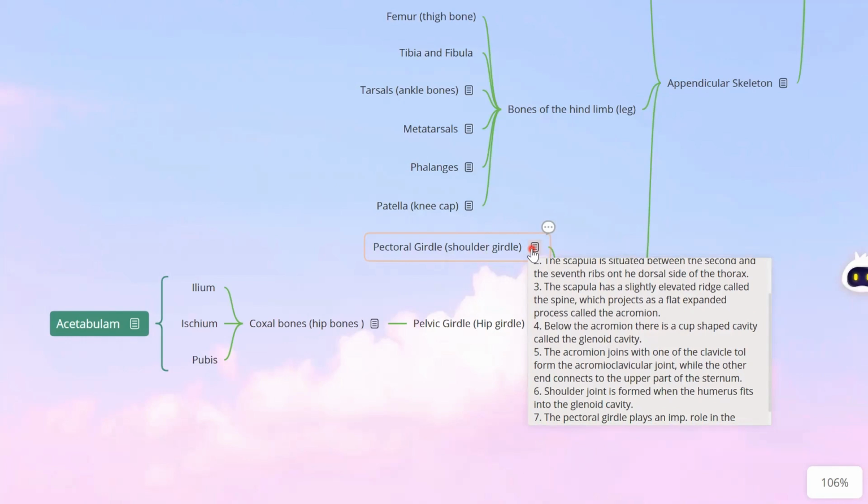Now, the shoulder joint is formed when the humerus fits into the glenoid cavity. So, how is the shoulder joint formed? The shoulder joint is formed when the humerus fits into the glenoid cavity.